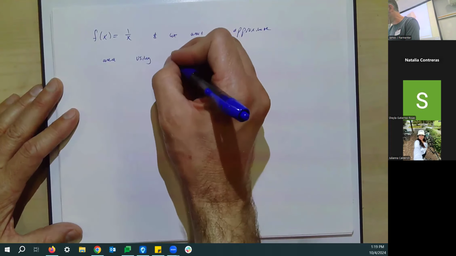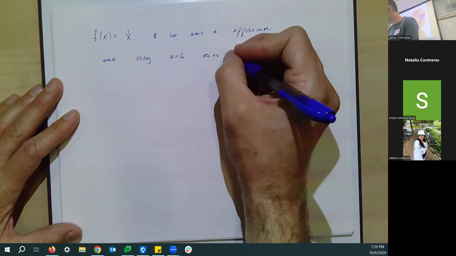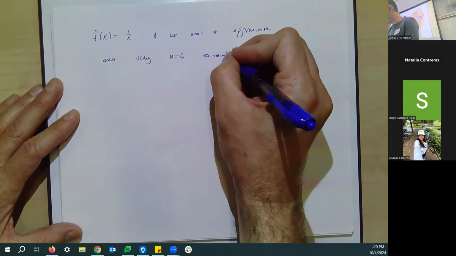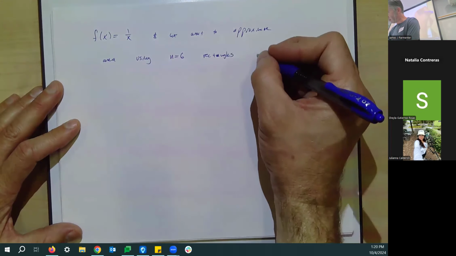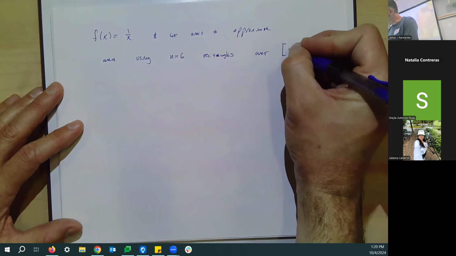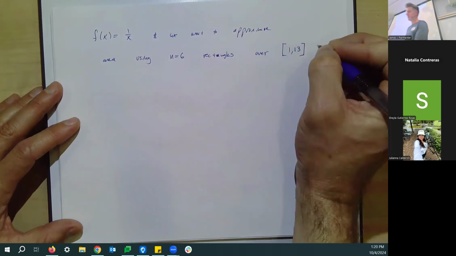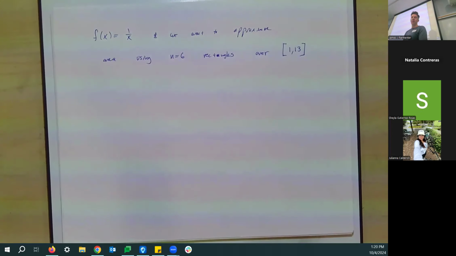Let's do n equal to 6 rectangles. I probably should have said the interval first, but over the interval from, let's make our life not suck, from 1 to 13. 13 feels like a cop-out, James, but fine. I almost feel like I'm making it too easy, but it's still going to be terrible.